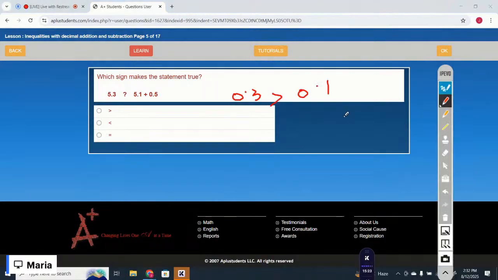Which sign makes the statement true? 5.3. Let's just add 5.1 plus 0.5, that is 5.6. 5.3 and 5.6, we need to compare them.